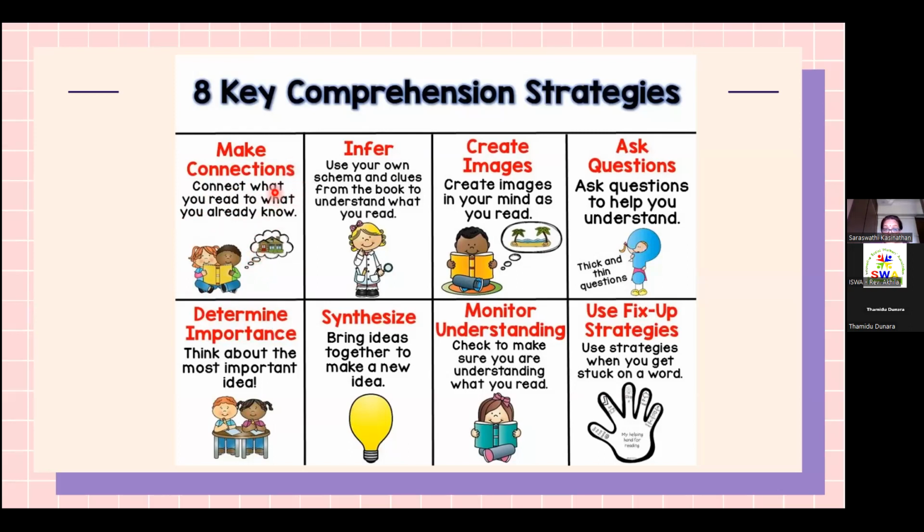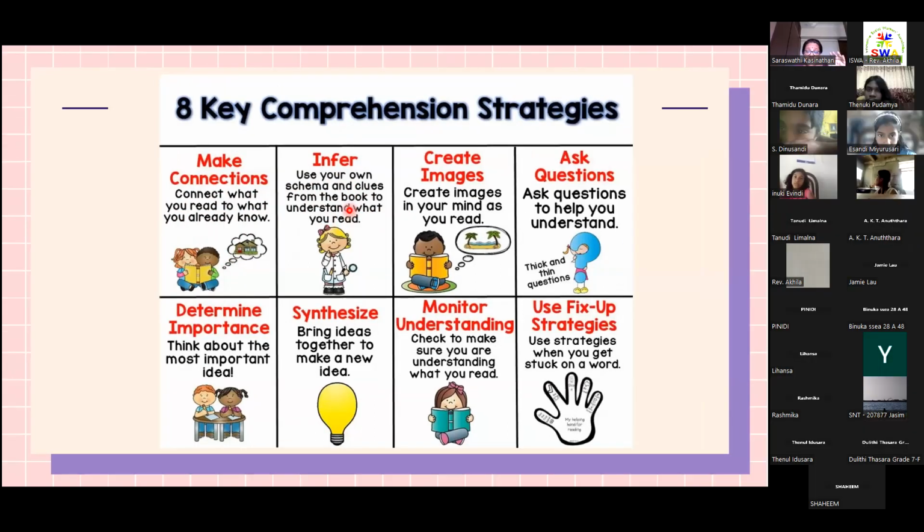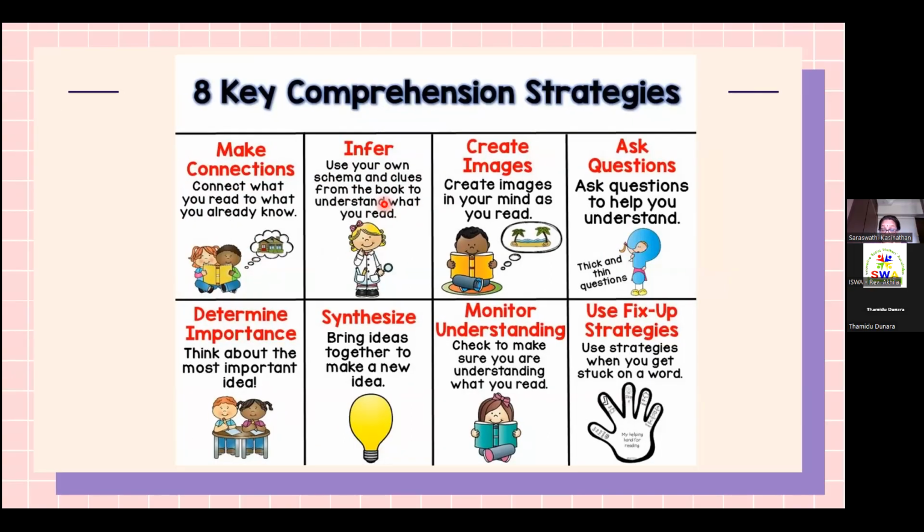So make connections. Infer. Use your own schema and clues from the book to understand what you read. Okay? That means whatever clues you get from the story, based on your own personal experiences and your thought process, you make connection. You understand what you have read.